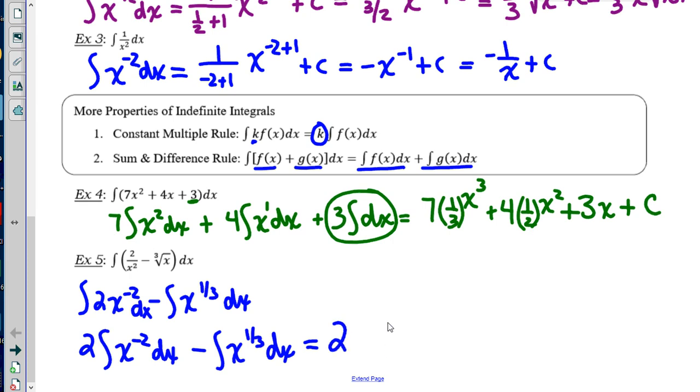I'm going to add 1 to my exponent, and that gives me a -1. And I'm going to have a -1 out front. And then I'm going to subtract x, add 1 to 1/3. And again, sometimes we have to deal with our fractions. 1/3 plus 1 is really 1/3 plus 3/3, which is 4/3.